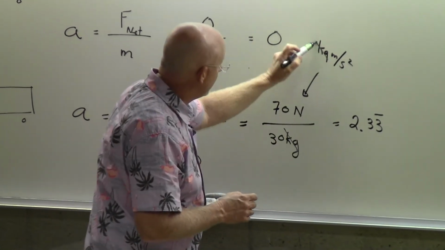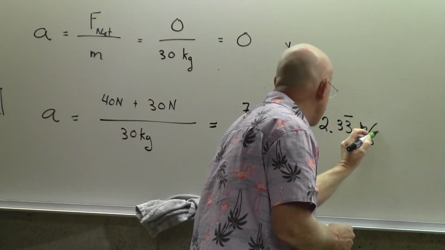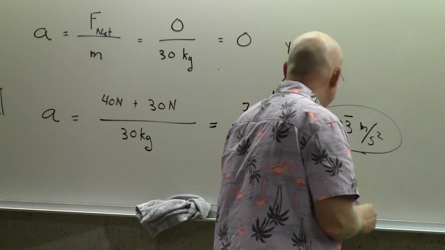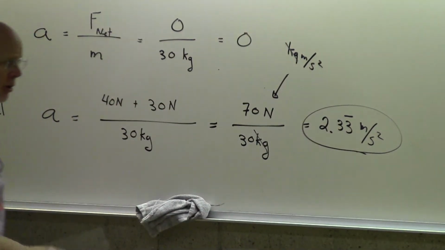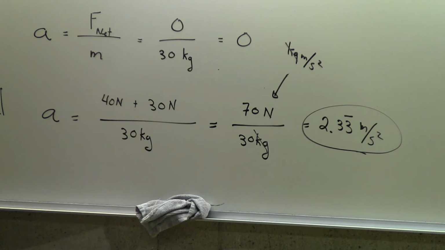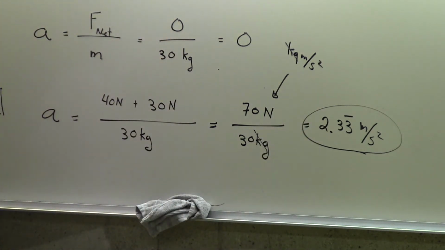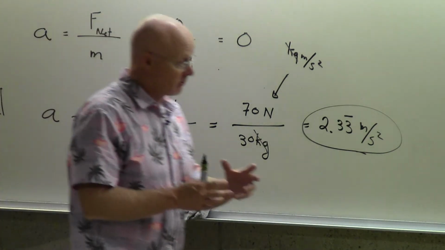So the kilogram would cancel off, and I would get meters per second each second. So I would get an acceleration, me and my friend pushing on this, of 2.33.